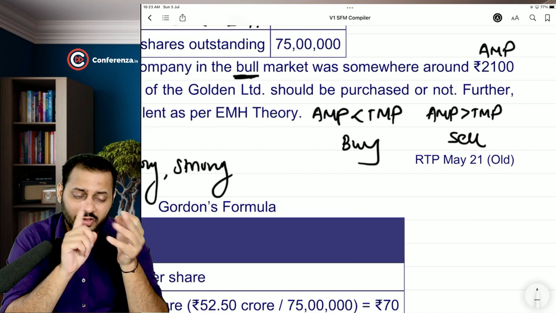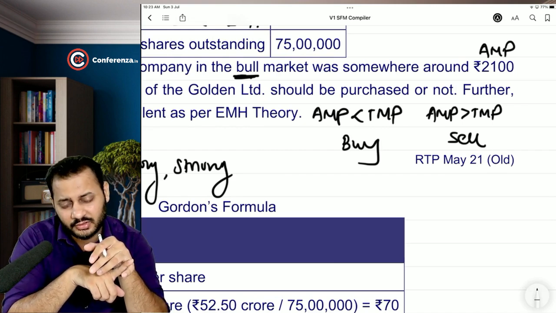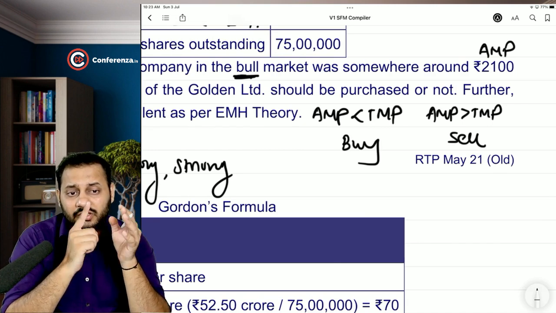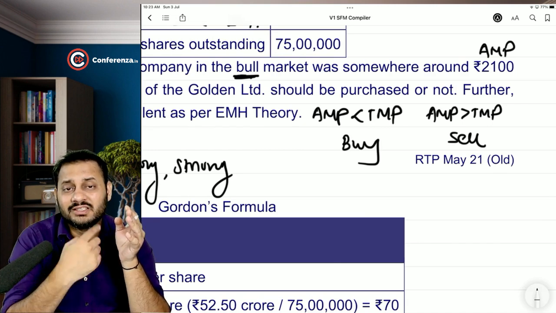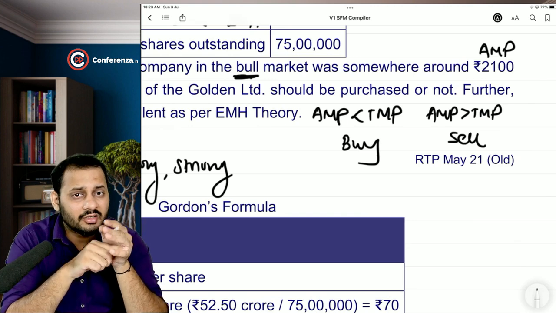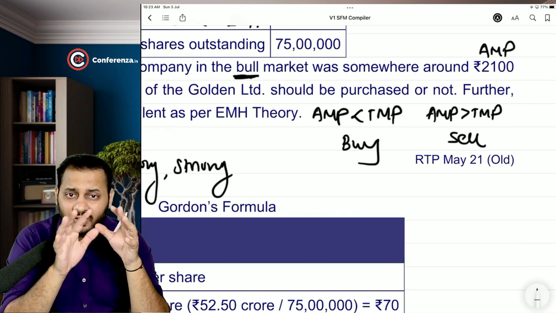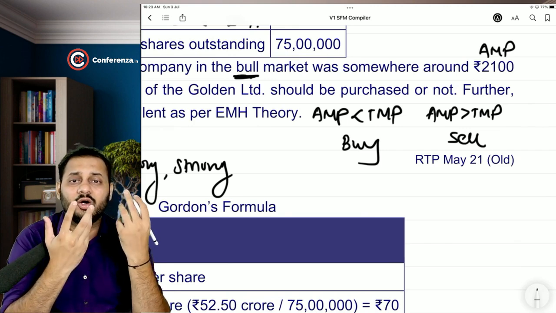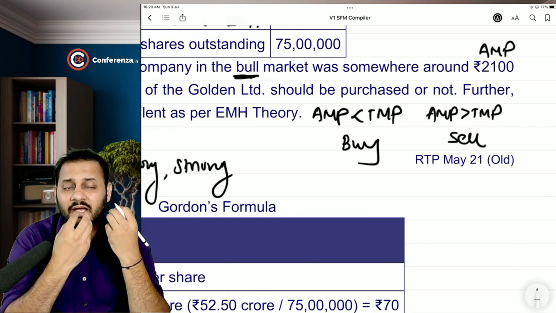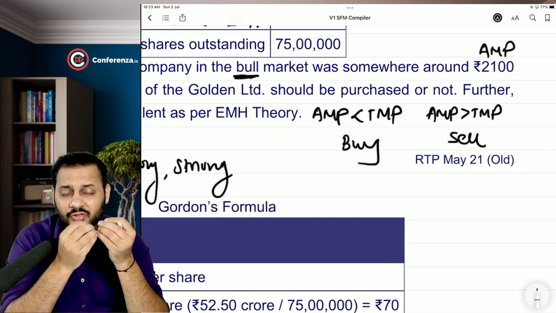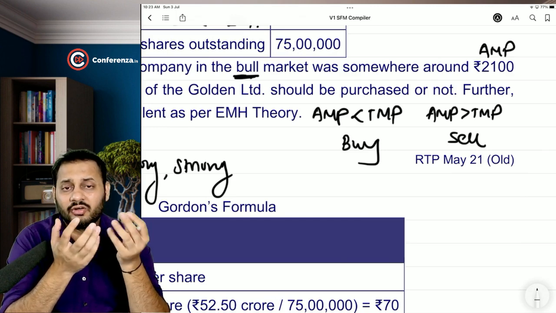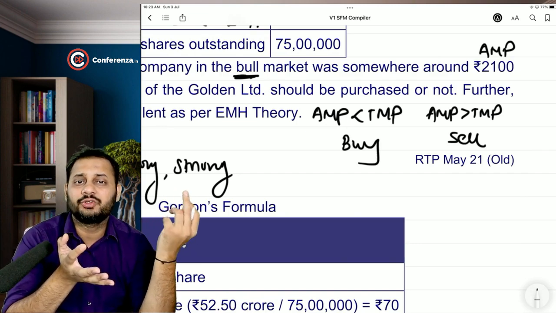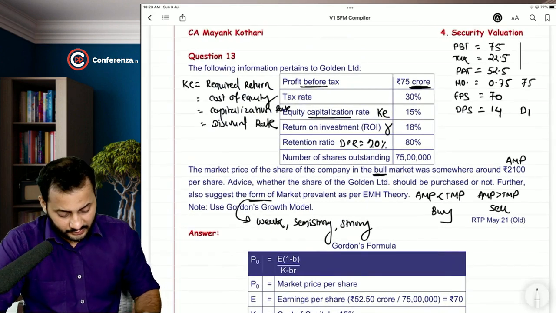So I wrote down the buying share situation, but I also wrote down the other part where we will sell it. That is not a part of the question, right? They are not asking when you will be selling the share, but still I did it because that is how we should analyze and understand every question from all the corners. Think out of the box. So these are out of the question discussion. Okay.